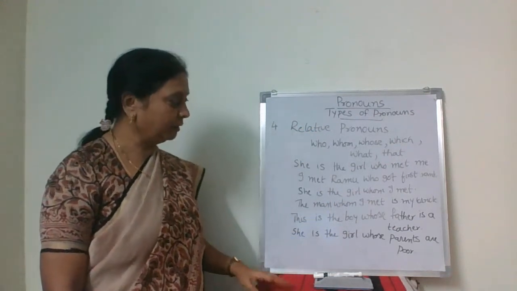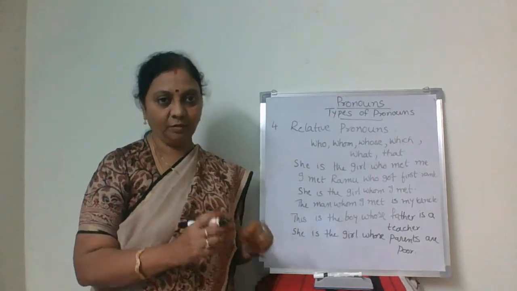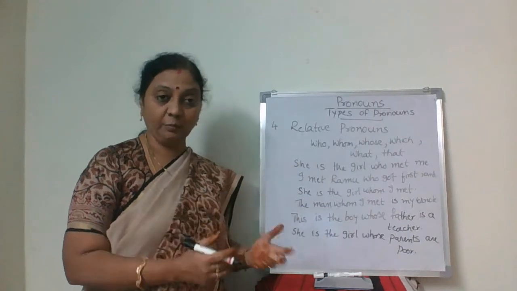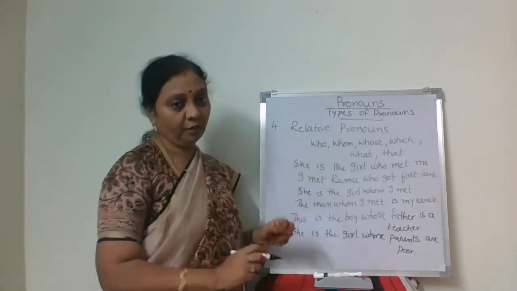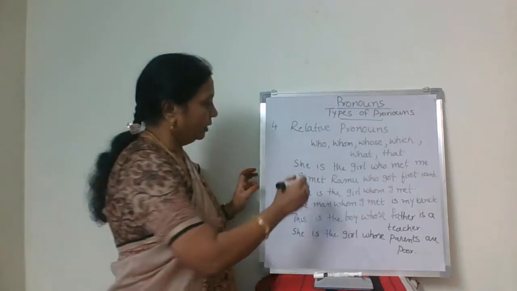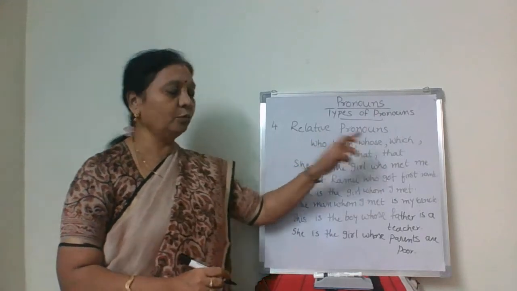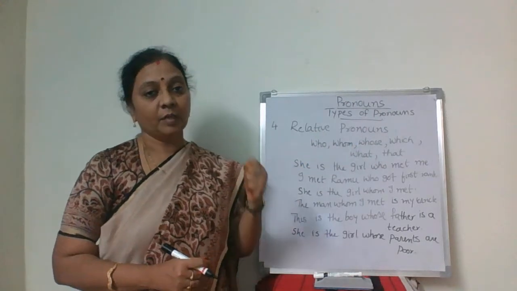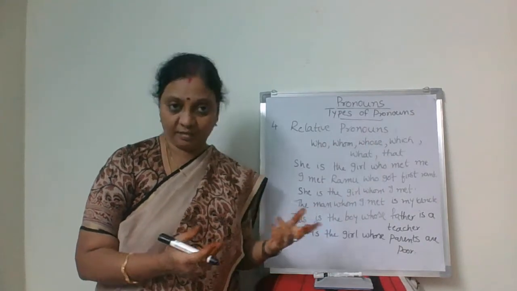One by one we will see, but try to understand that they relate. That's why the word is relative pronouns. They relate or refer to the noun which comes before it. Who, whom, whose always talk about persons. Which is for things.